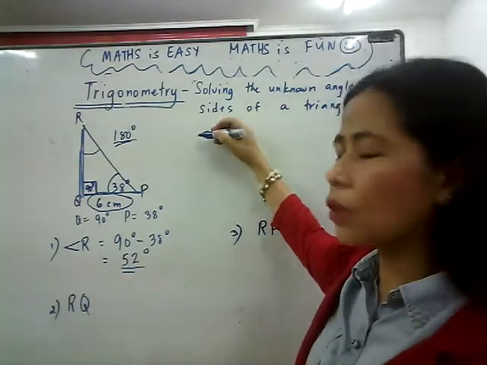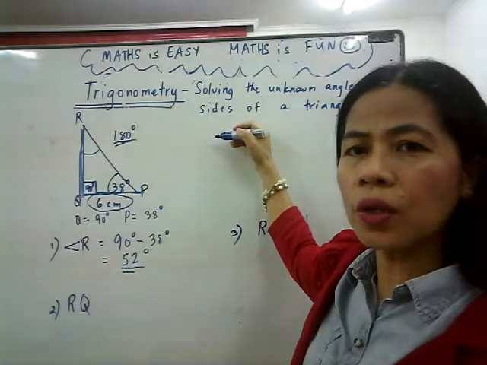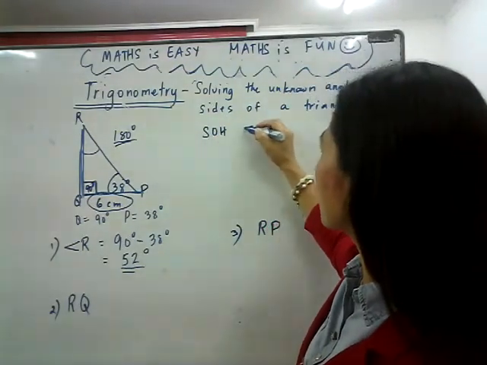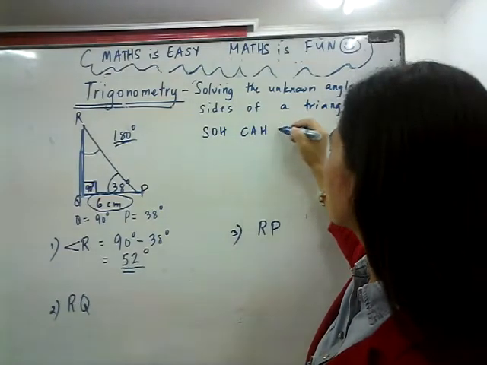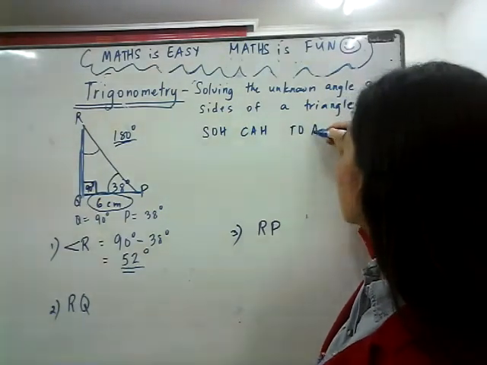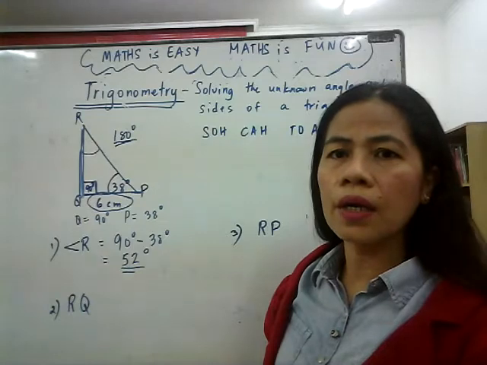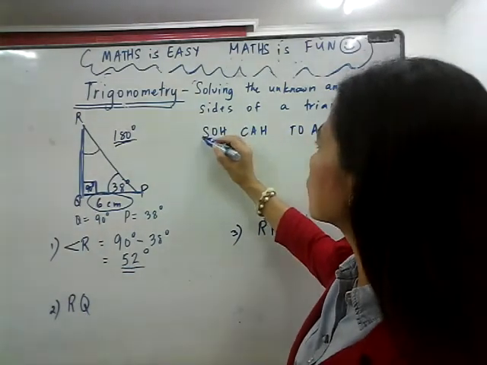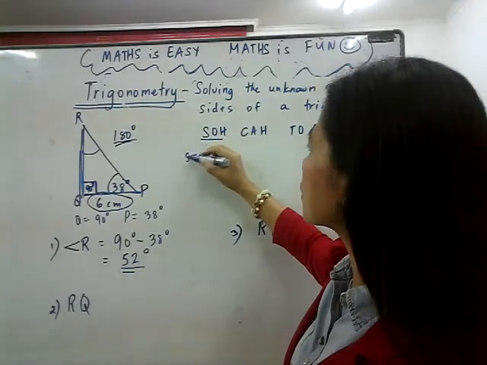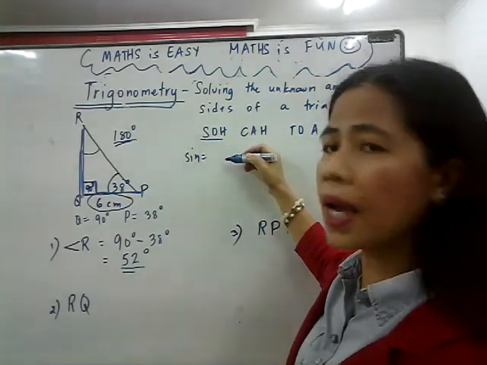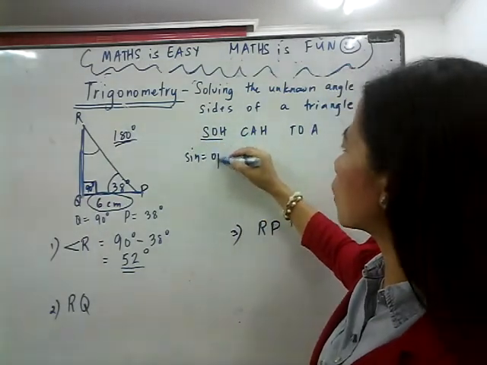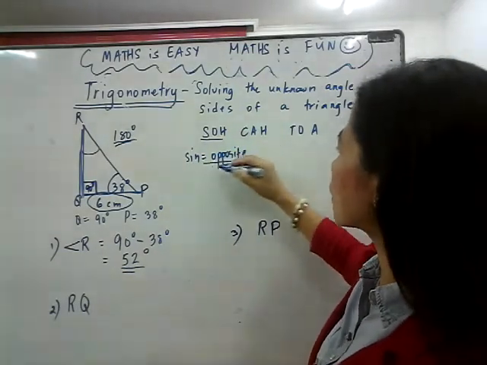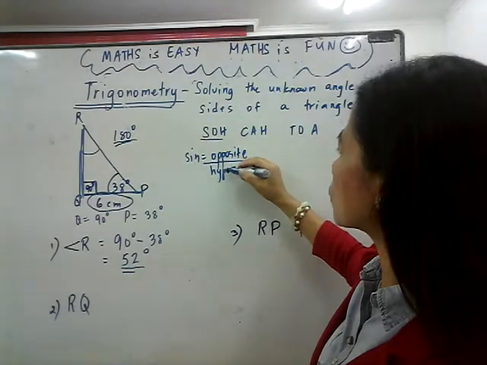What are these trigonometric ratios? We are going to use a clue, the SOH CAH TOA. So SOH means sin or sine is equal to the opposite side over the hypotenuse.